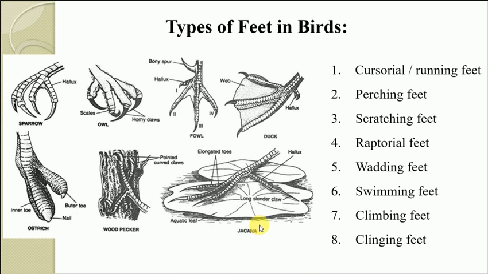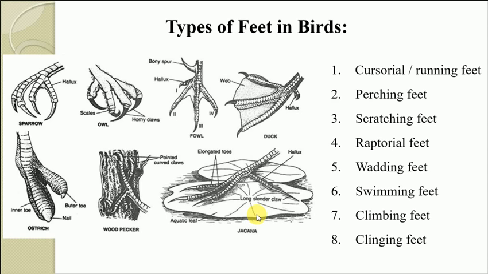The cursorial are the running feet. This cursorial or running foot is a characteristic of the ratites, or one can say the flightless birds, and the leg is quite heavily built. Then perching feet is a characteristic of birds which lead an arboreal habit, useful for perching on the twig of a plant.